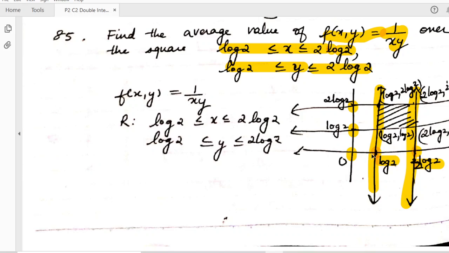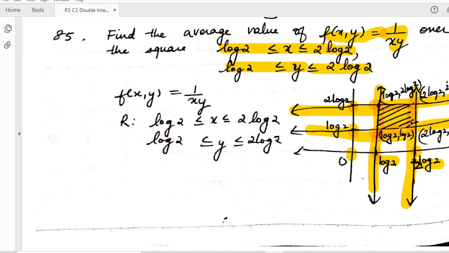So y equal to log 2 means the line passing through log 2 parallel to the x-axis, and y equal to 2 log 2 means the line passing through 2 log 2 on the y-axis and parallel to our x-axis. So the region between these two lines is our region in this case. Now the common region for both the cases is this region. So here the region of integration is this particular rectangular region.